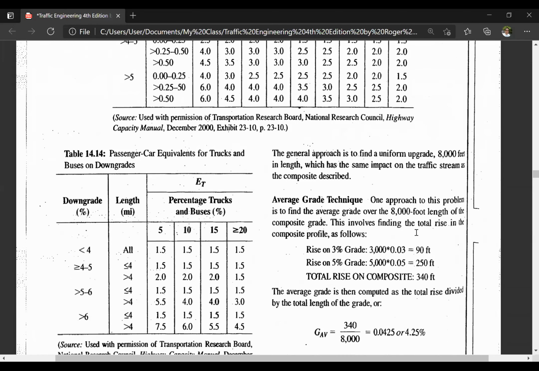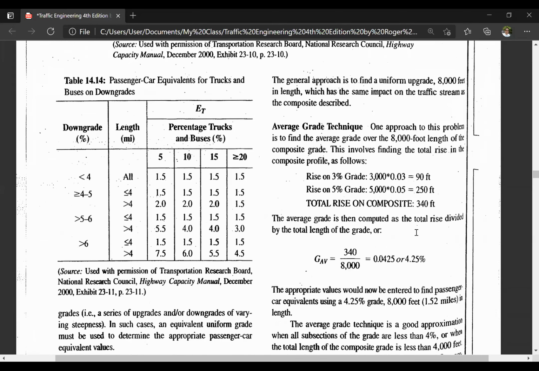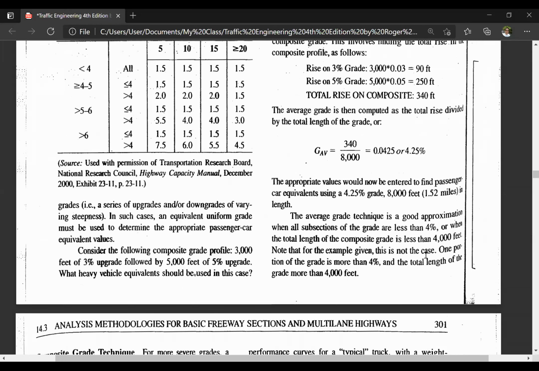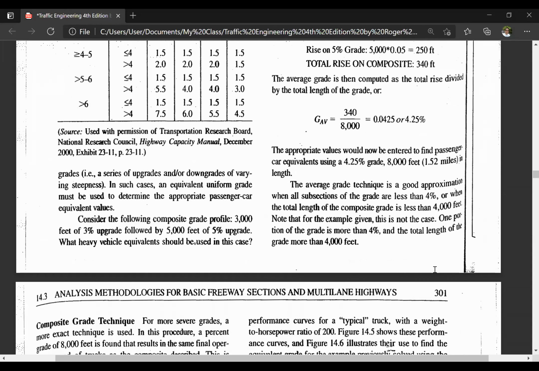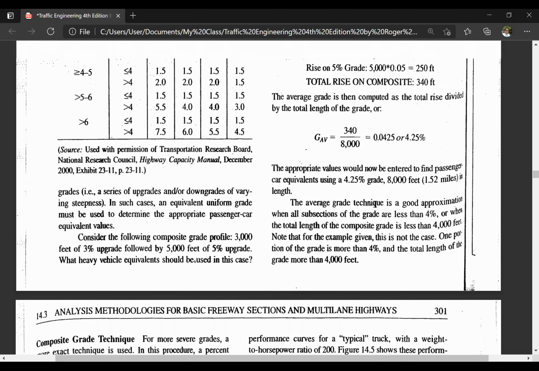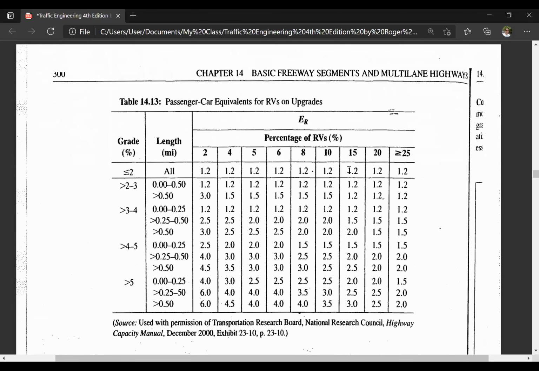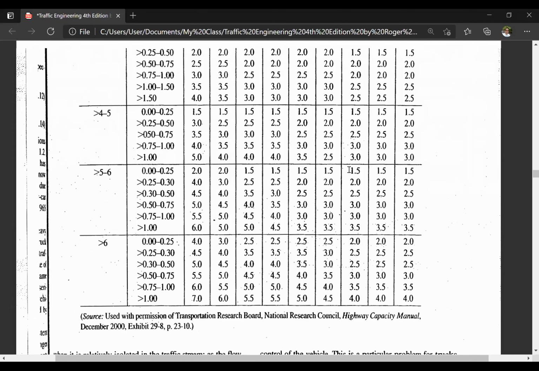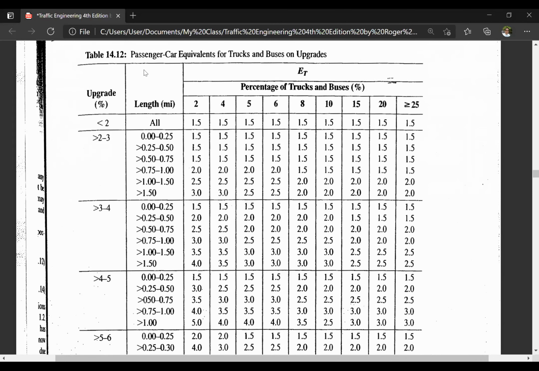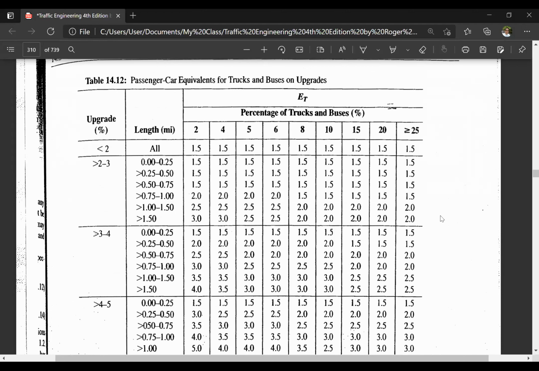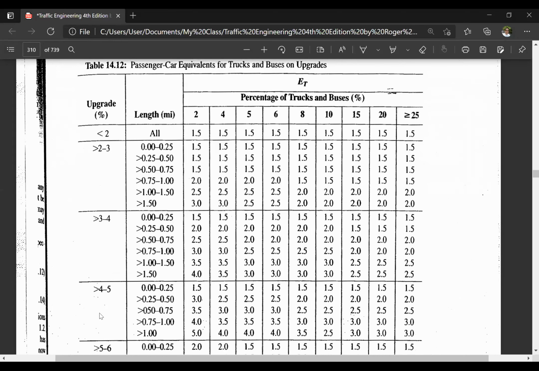Anyhow, you are supposed to find the passenger car equivalent from this table 14.12 when you already have the composite grade.